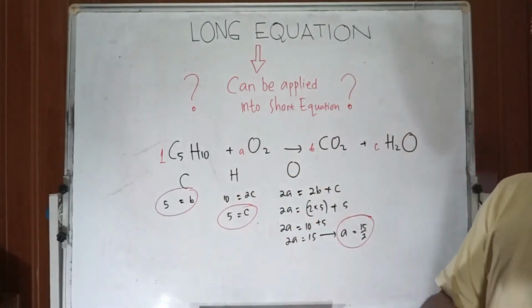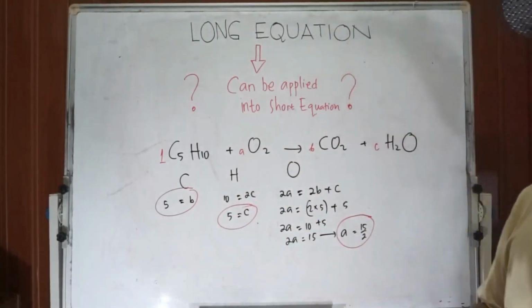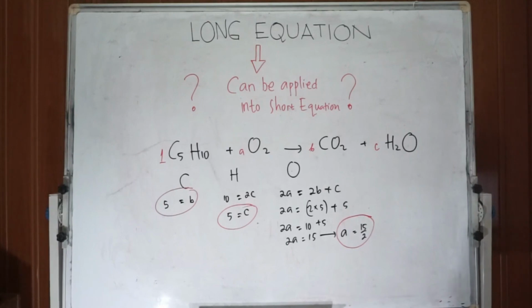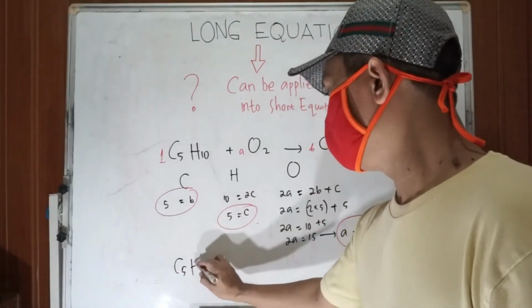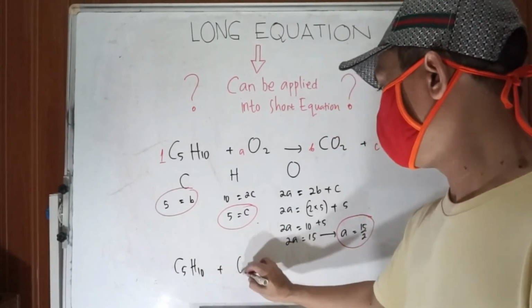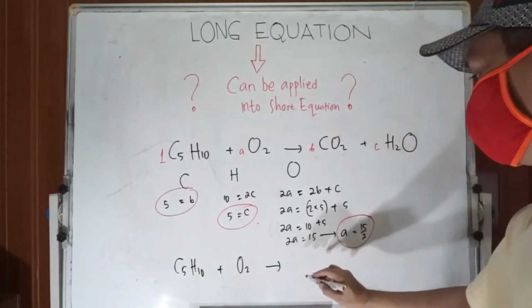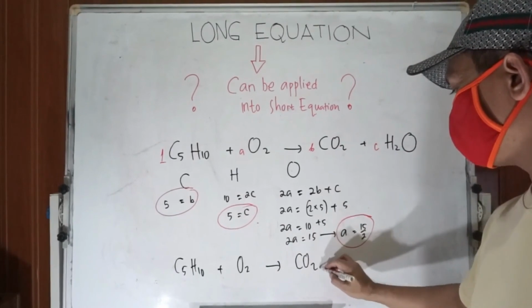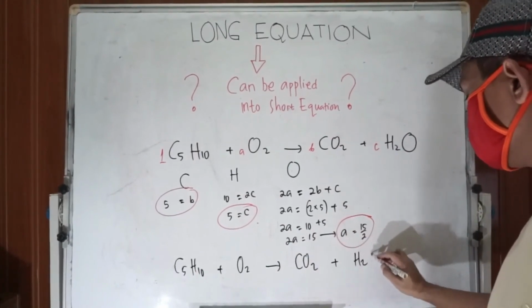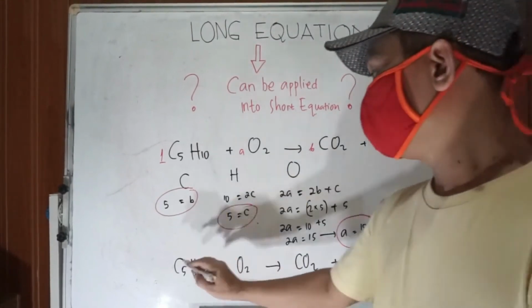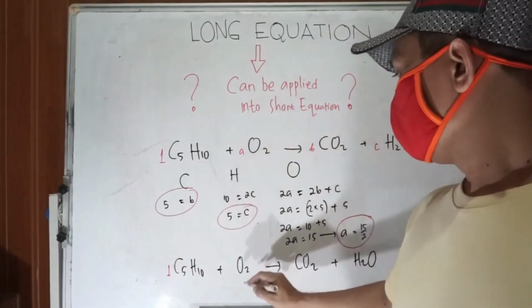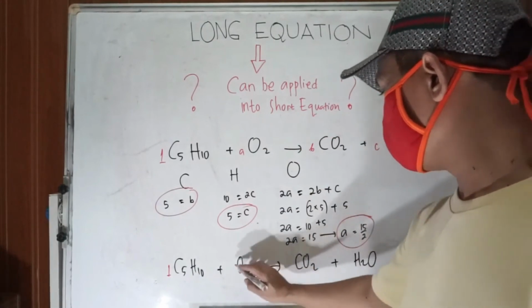Now, we will rewrite the equation for the balancing. So, C5H8 plus oxygen yields carbon dioxide plus water. Okay, now insert the coefficient. Here is 1, A is 15 over 2.